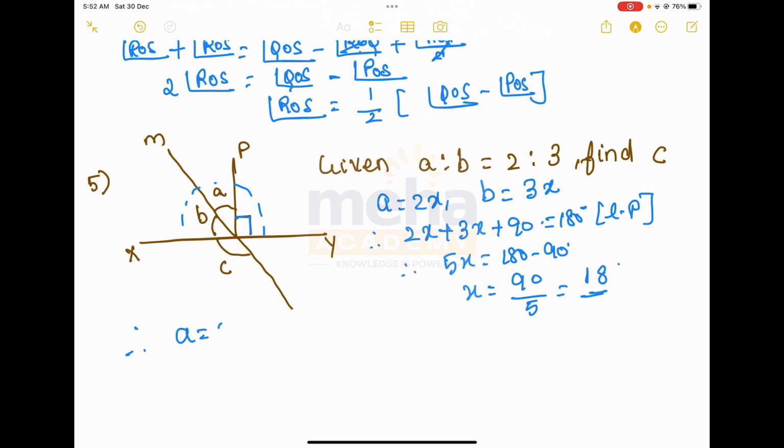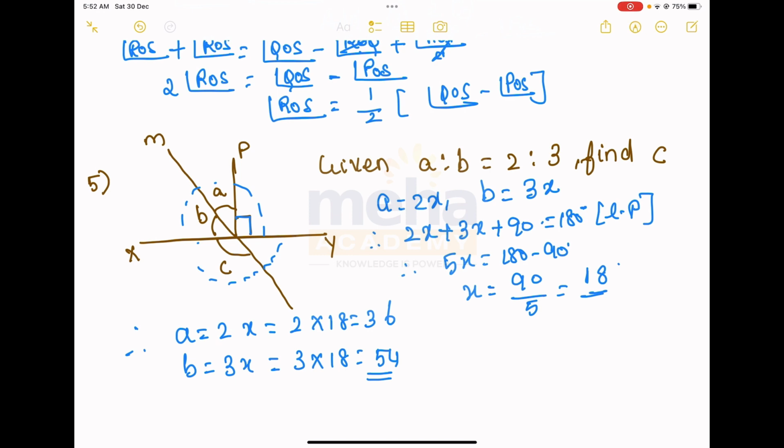Therefore, A is equal to 2x. That would be 2 into 18 is equal to 36. And B is equal to 3x. That would be 3 into 18, which will be equal to 54. So we have to find C. So let us say this angle C plus angle B. Therefore, angle C plus angle B gives us 180 degree.